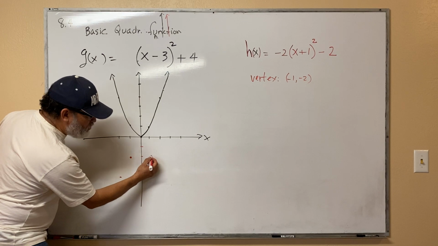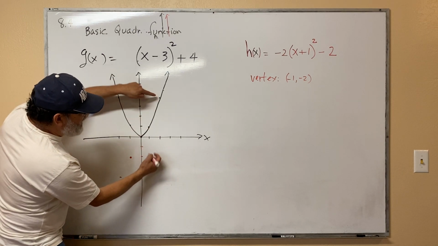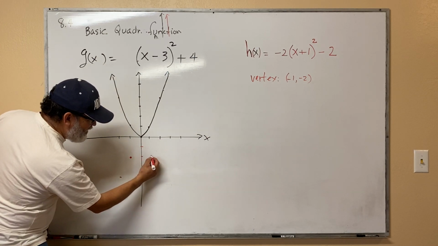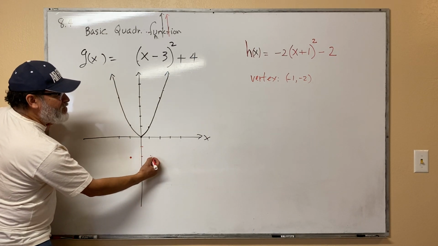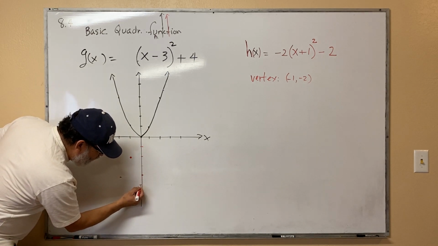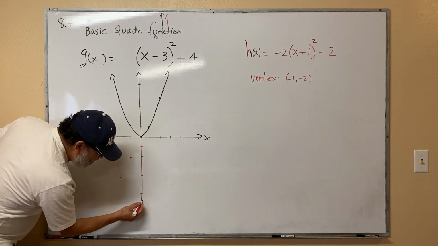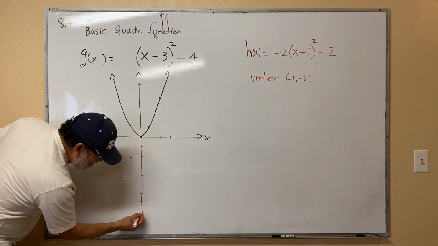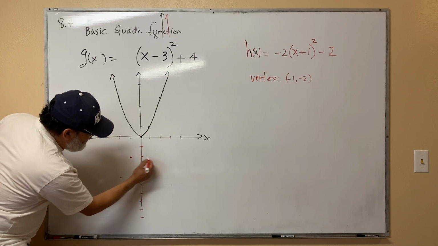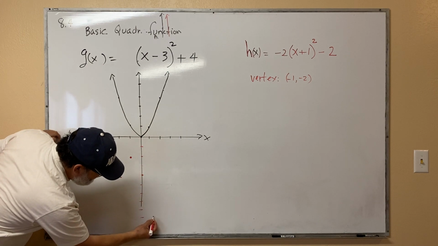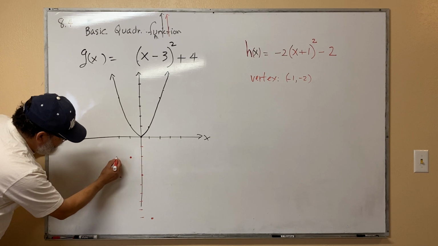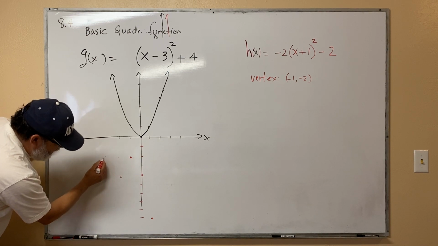Before it was 4 up. Take that 4 multiplied by -2. What's 4 times -2? -8 down. 1, 2, 3, 4, 5, 6, 7, 8. So twice to your right, 8 down. Twice to your left, 8 down.